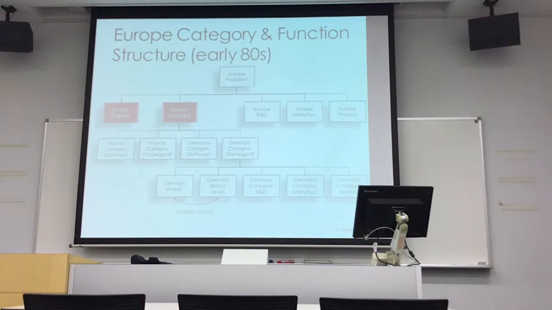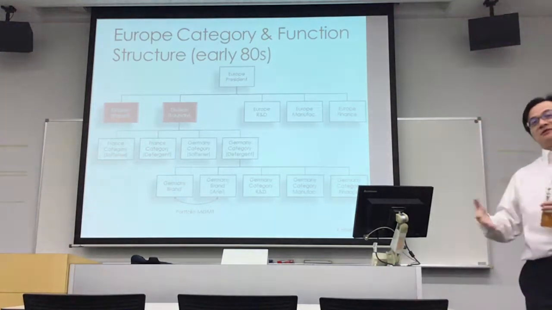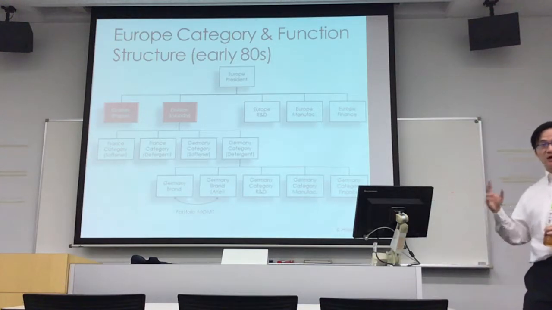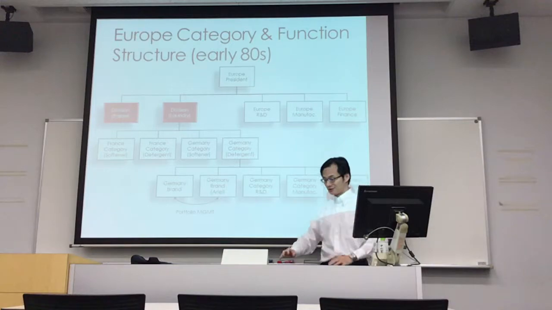But as the scale grows, as the network grows, this structure was better under this historical setting, but the situation will change, so we will see how they do it later. So this is the European structure in the early 80s.